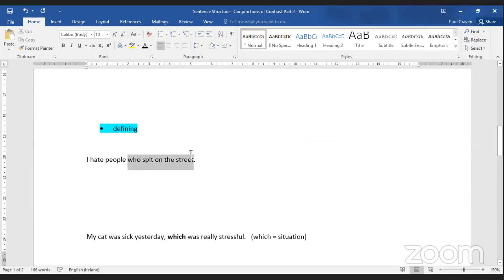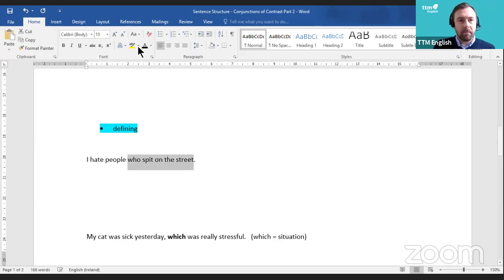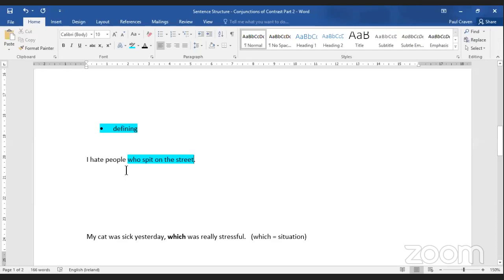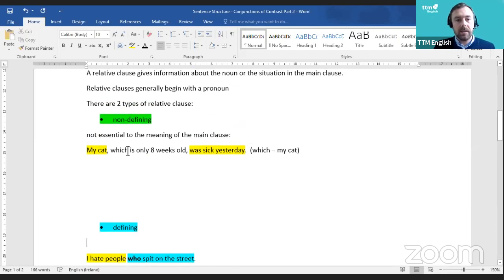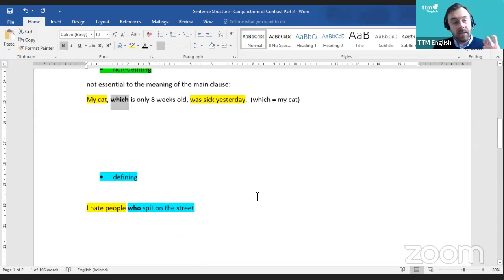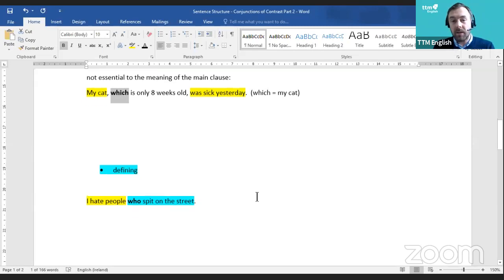That's where our relative clause begins. I'm going to make that blue. And then where's the main clause? I hate people. Okay, so our relative clause begins there because that's where who is. That's how we're connecting the two clauses together. Same here. It's which that enables us to do it. If I put my cat is only 8 weeks old, was sick yesterday, that's not right. We need the relative clause to be introduced by the pronoun.